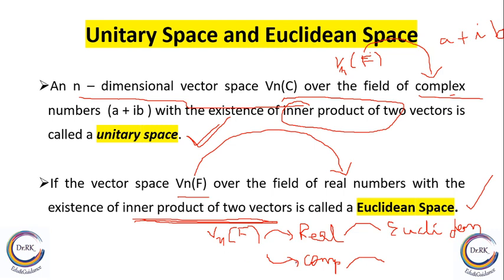In case of VnF over complex numbers where the inner product is defined, it is a unitary space. These are some definitions which are useful for short answer kind of questions in any of the examinations.